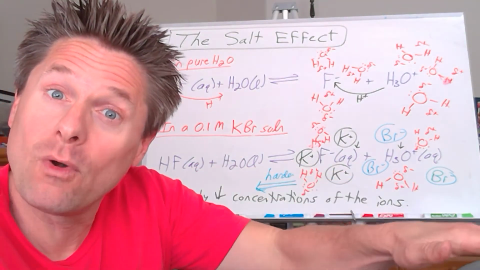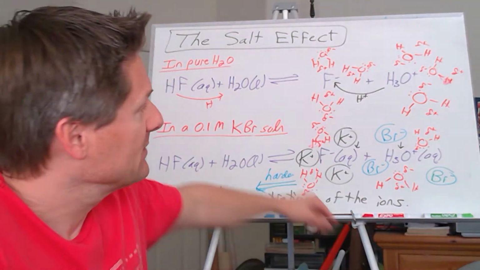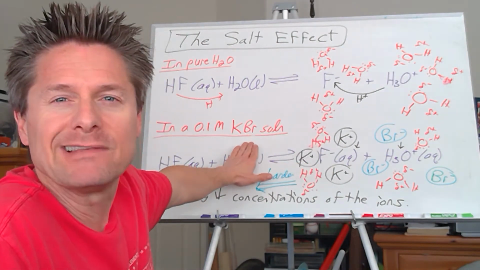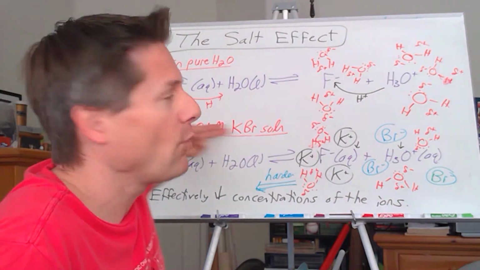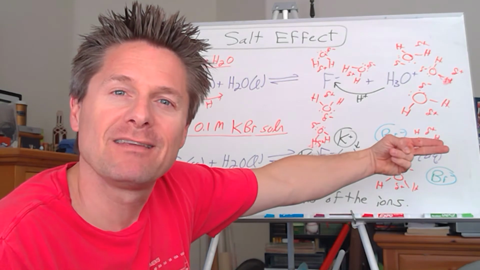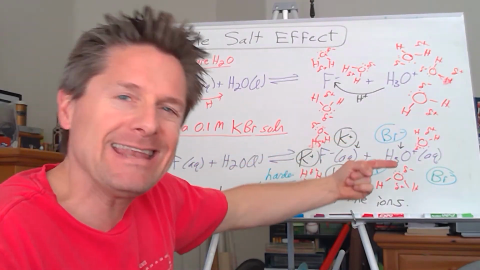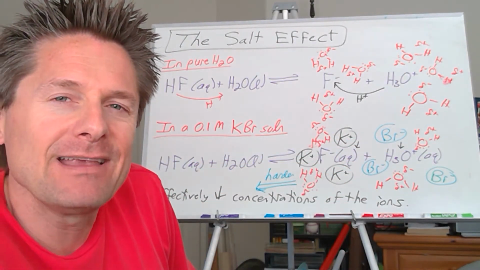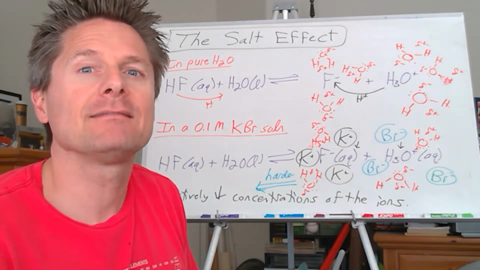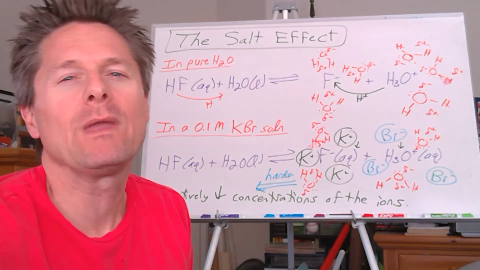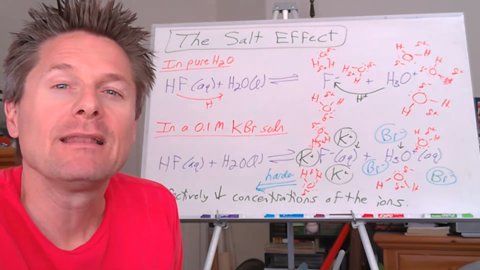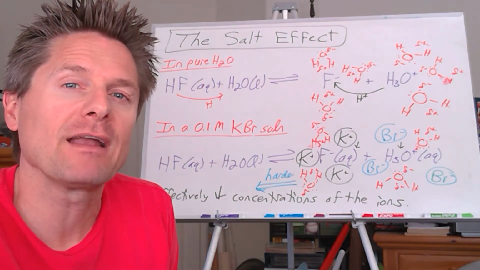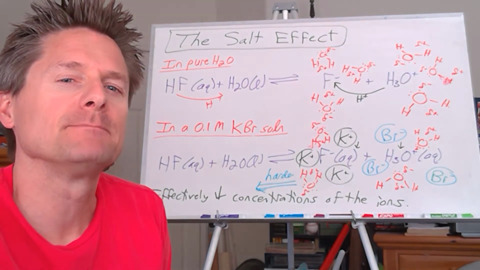It shifts towards it in response, doesn't it? So what's going to happen if you add this inert salt? It's going to shift to the right, isn't it? And it's going to increase the ionization of the acid. Let's look at that for a weak acid, weak base, and a solid. Let's take a look at the salt effect qualitatively, then we'll do it quantitatively.